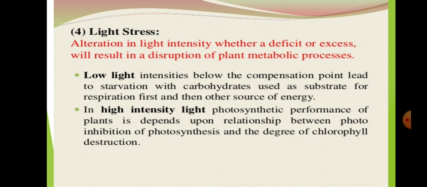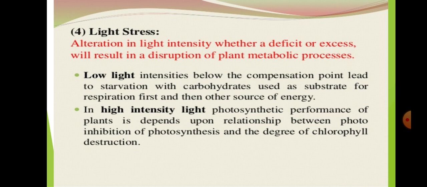The next physical factor which causes stress to the plant is radiation, which may be called light stress. The alteration in light intensity, whether a deficit or excess, will result in a disruption of plant metabolic processes.